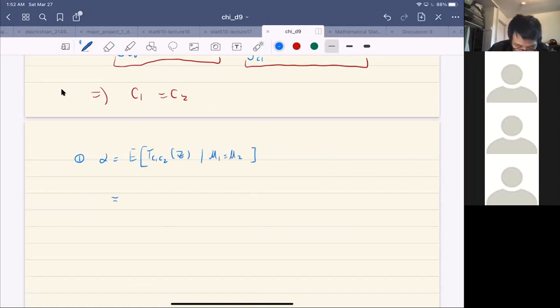So because C1 equals C2, this should be C equal to infinity, f(z) dz, plus, let's say 2 times this.